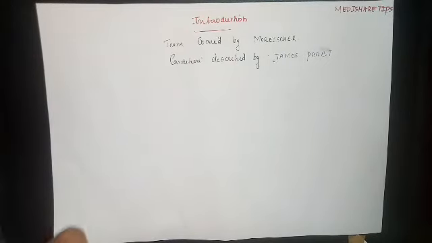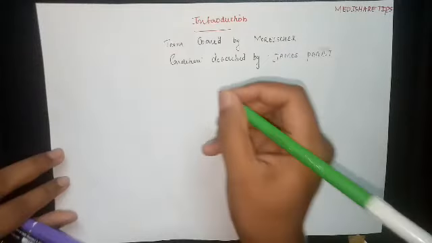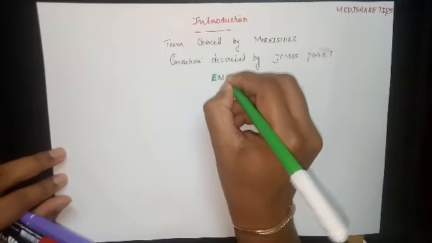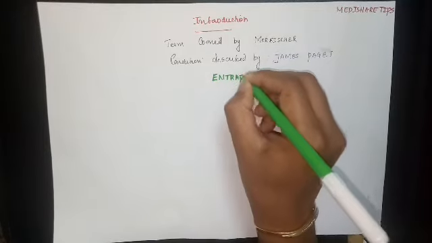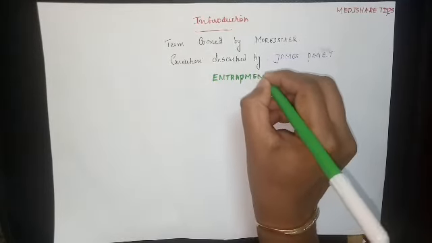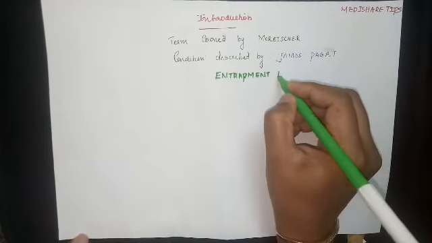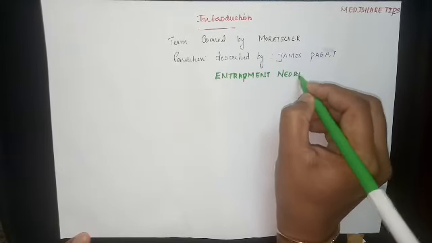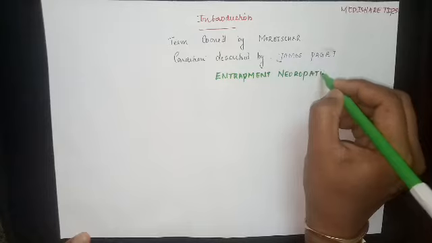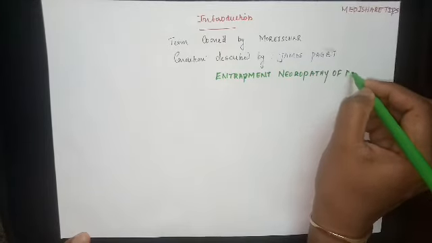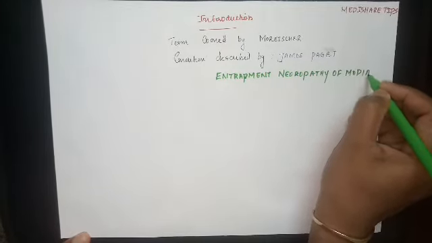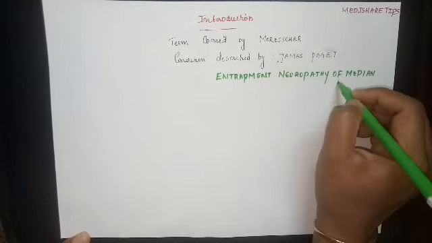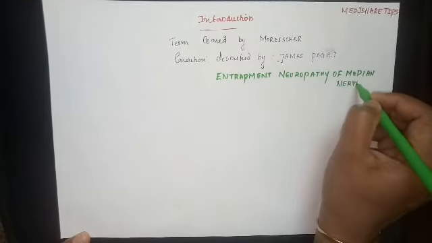So carpal tunnel syndrome is a group of symptoms arising due to compression of the median nerve in the carpal tunnel. So it is an entrapment neuropathy of the median nerve.